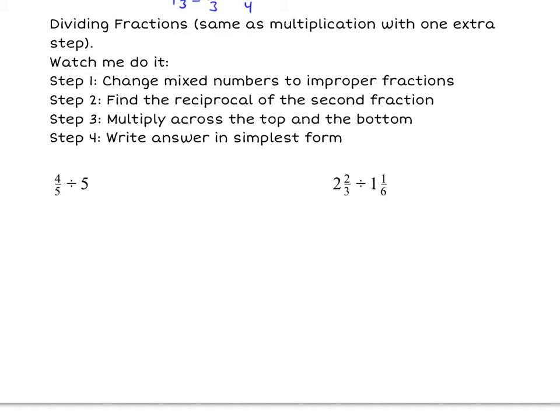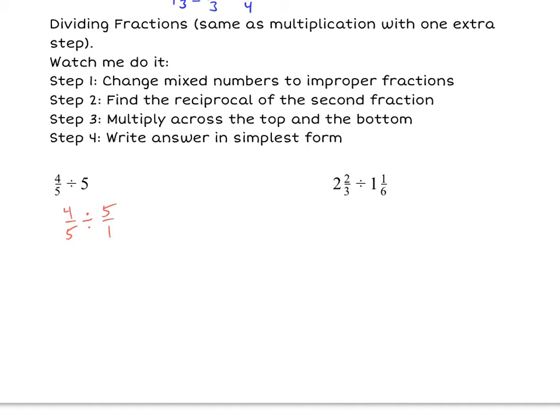Yes. So this would be the same as 4 over 5 divided by 5 over 1. That's step 1. So now we have 2 fractions. Step 2. This is the added piece, the extra step. Find the reciprocal of the second fraction.